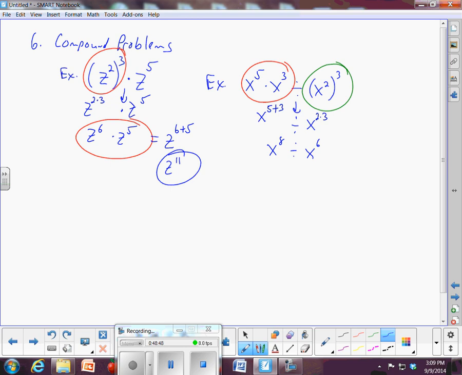Now, if we change form to fraction form, x to the 8th divided by x to the 6th, now we remember the division rule, right? So finishing this up, x to the numerator's exponent minus the denominator's exponent. And so our final answer, x to the 8 minus 6, is x squared, and that's the problem.